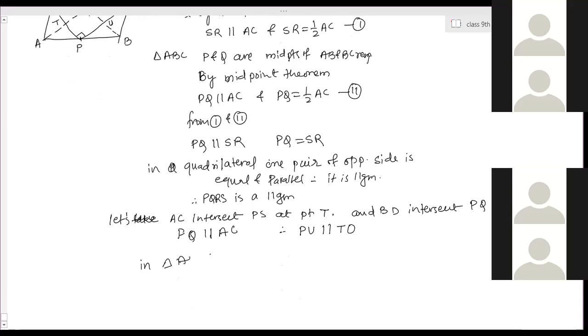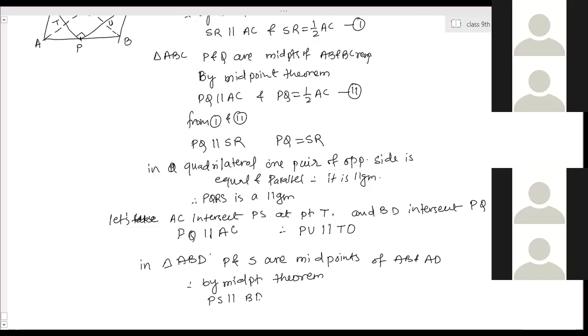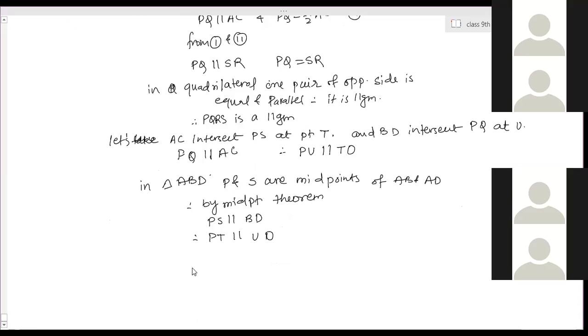In triangle ABD, P and S are midpoints of AB and AD. Therefore, by midpoint theorem, PS is parallel to BD. Therefore, PT is parallel to UO. So therefore, PTOU is a parallelogram.